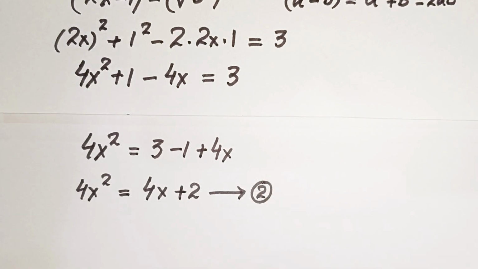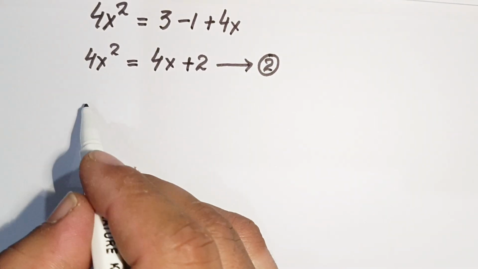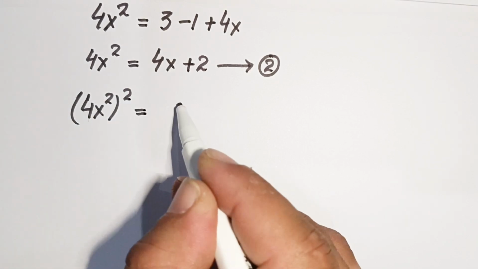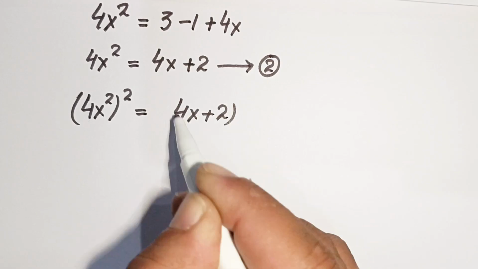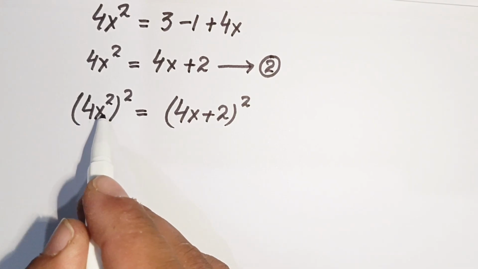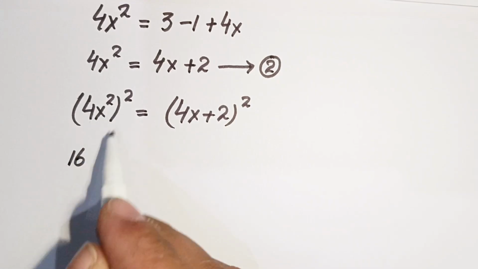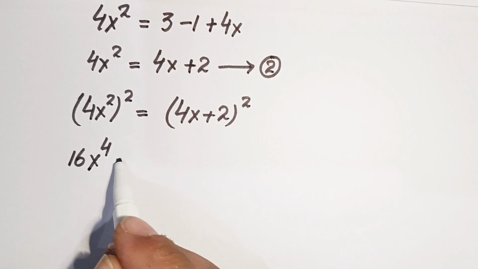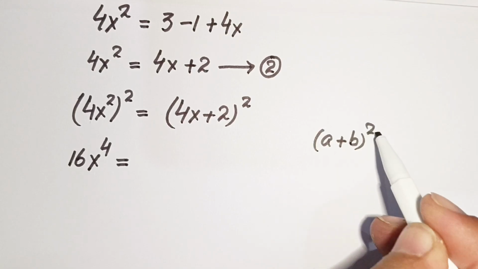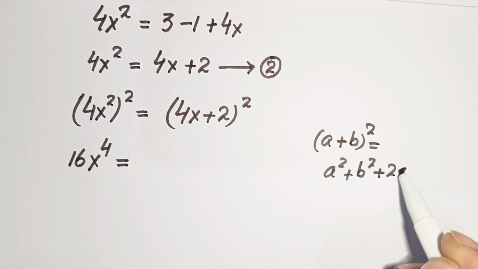Now if we take square of this equation 2 on both hand sides, here it will be (4x squared) whole squared is equal to (4x plus 2) whole squared. Here it can be written as 4 squared, that is equal to 16. So that is 16, and (x squared) whole squared is x to the power 4, which is equal to, here we can use the identity (a plus b) whole squared, which is equal to a squared plus b squared plus 2 times a times b.